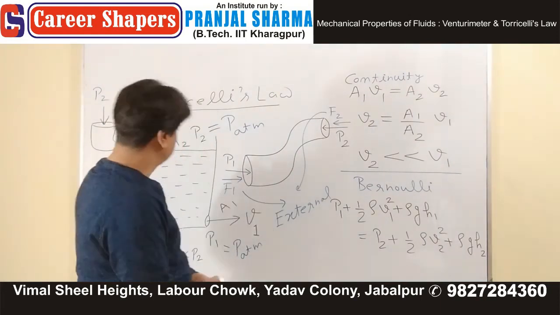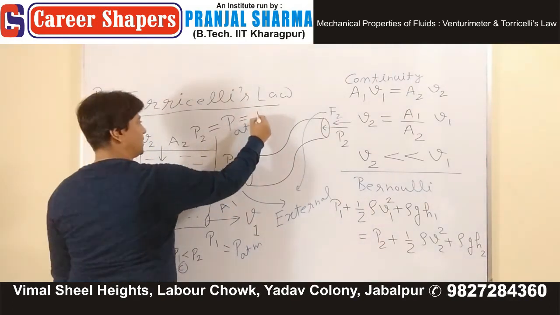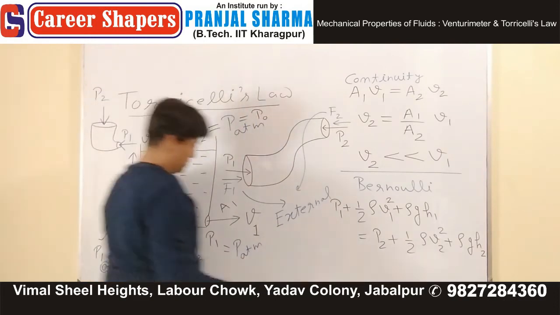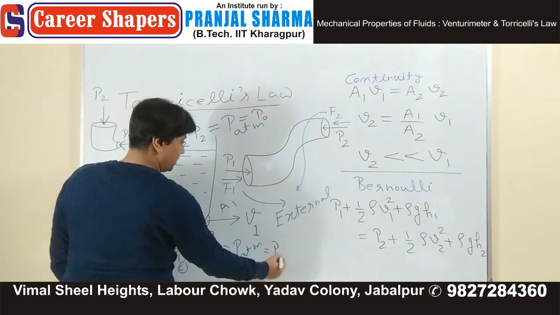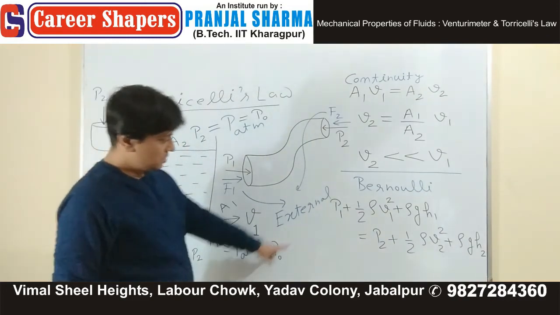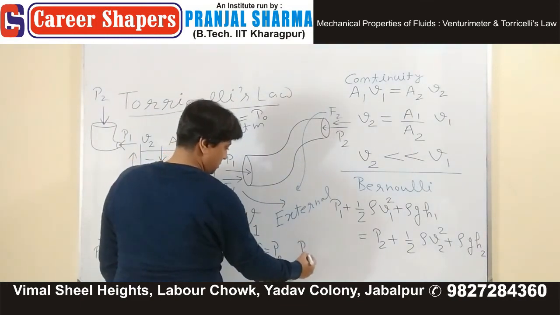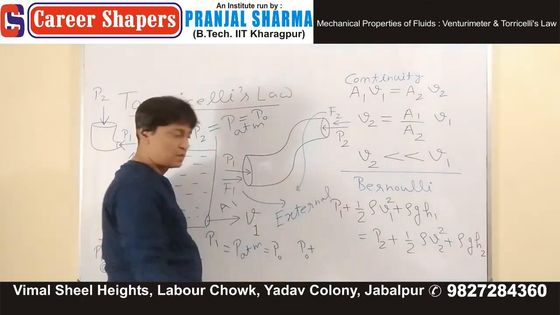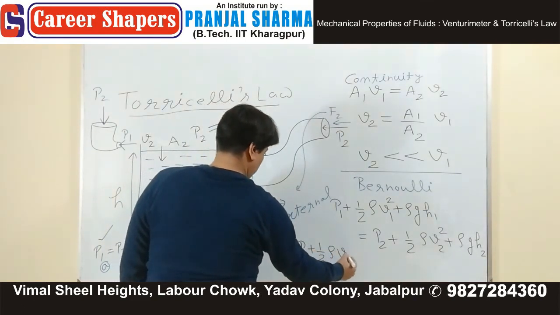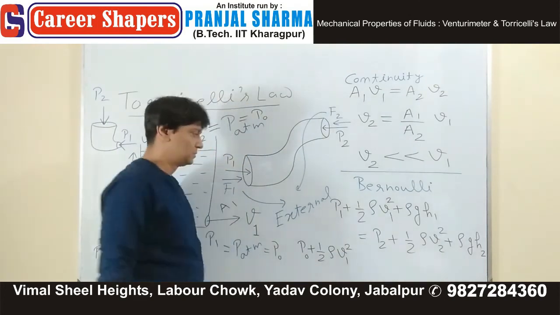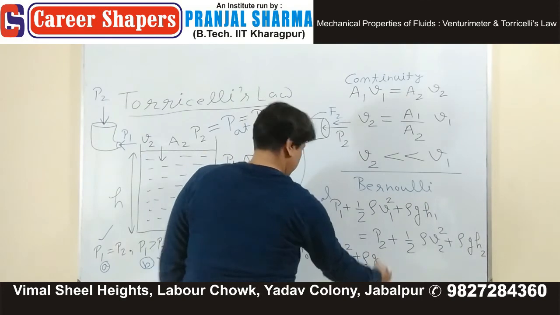What is P1? Let's call this atmospheric pressure P naught in short. This P, let's call it P naught. This P1 is P naught plus half rho V1 square plus rho G H1.